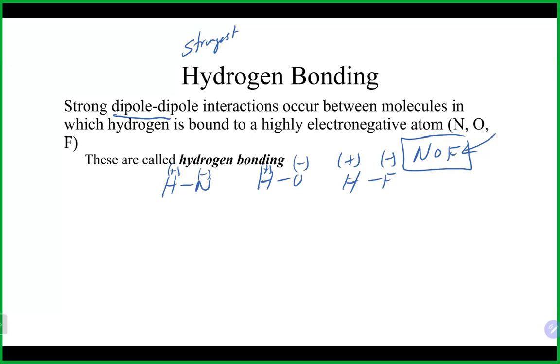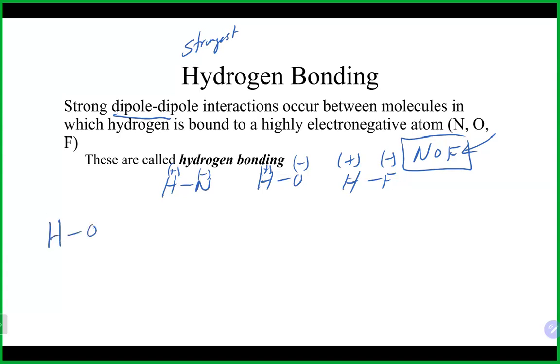So just the presence of a hydrogen doesn't mean that something has the ability to hydrogen bond. If it's not attached to one of those three, it will not participate in hydrogen bonding.